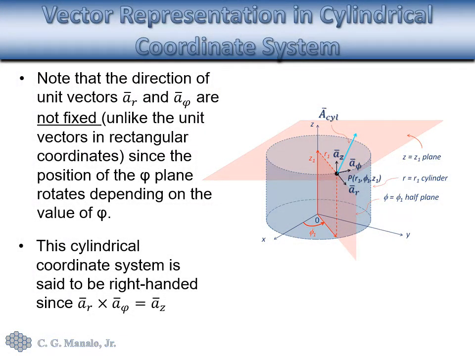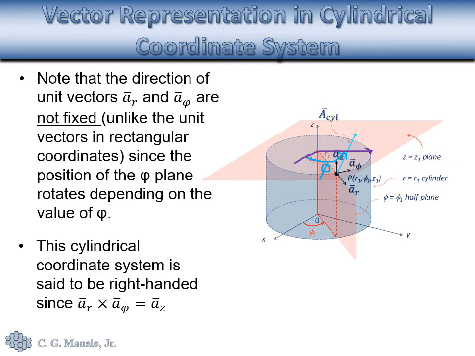It is interesting to note that the two unit vectors a sub r and a sub phi are not fixed in direction. They depend on the value of the angle phi. So, for example, if the point is somewhere here, that would mean that phi would be here. So that means that our phi would be this one.